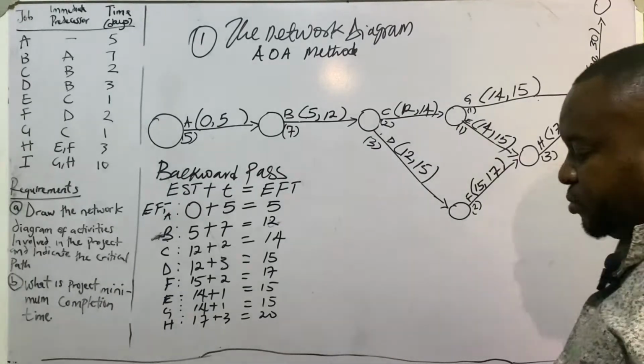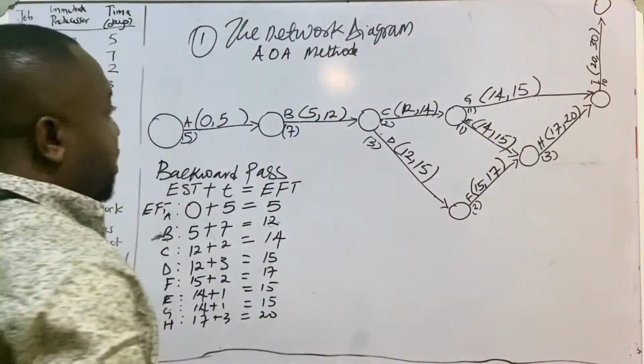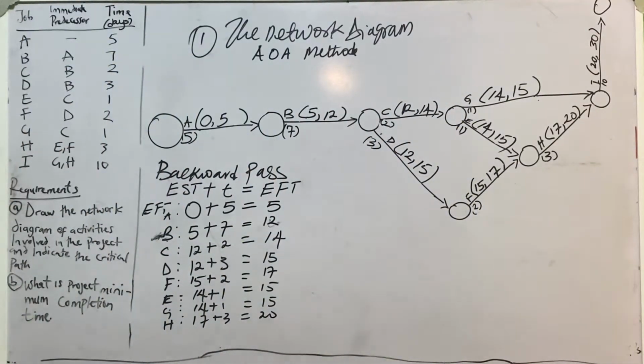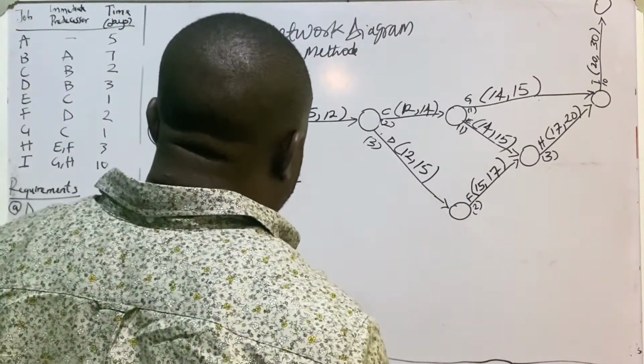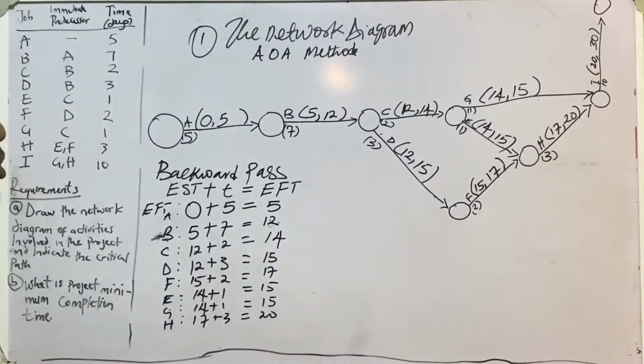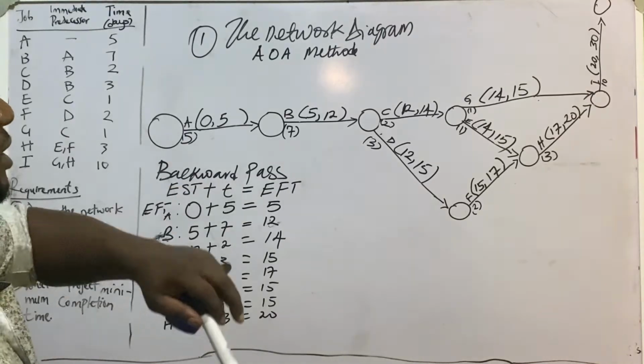Okay, so even at this point, we have an idea of what the completion time is. But let's quickly look at the backward part so that we'll be able to determine our critical paths. We do that by computing for our latest start time.